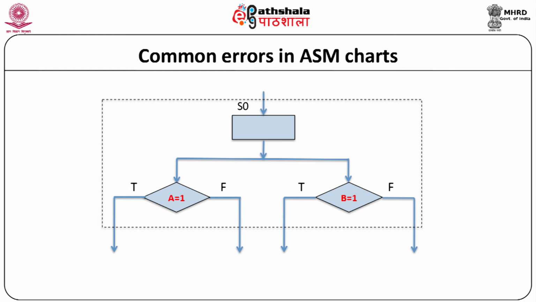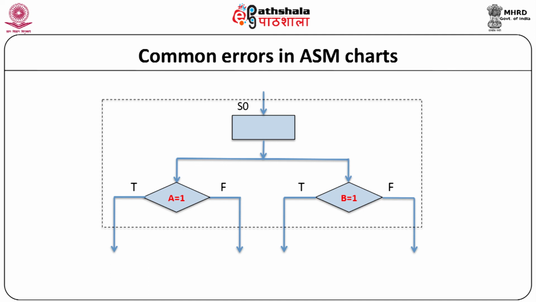Let us consider an ASM block consisting of a state symbol and two decision boxes as shown here. The state machine takes entry in a state S0. This case violates rule 1 since it has two exit paths if A and B are both 1.